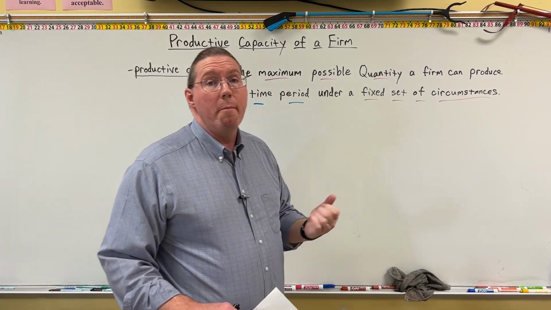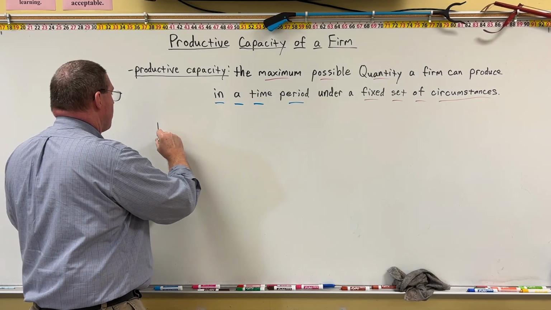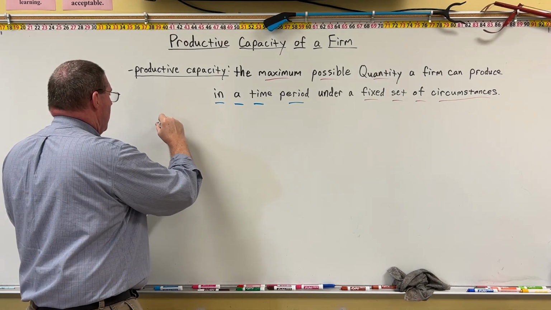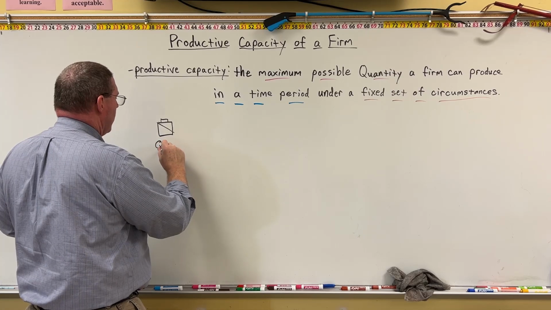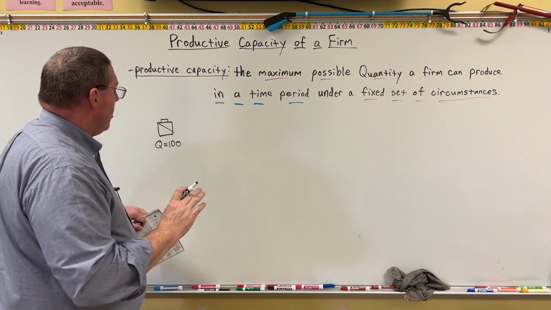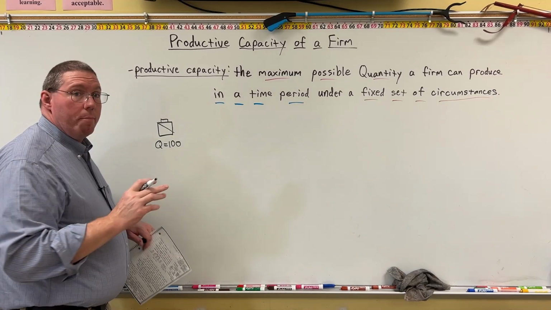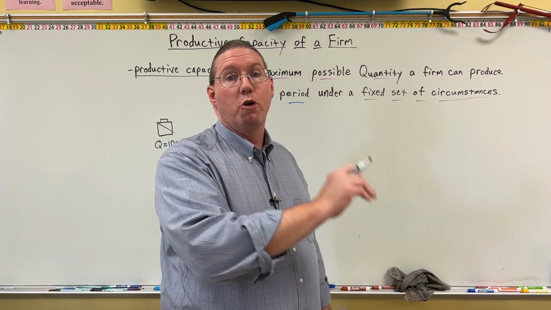Well, I want you to remember that the machine, the MIGI 630 Deluxe, we said that it can produce a maximum quantity of 100 in, now listen, an 8-hour period, but then it requires a 4-hour cool down.